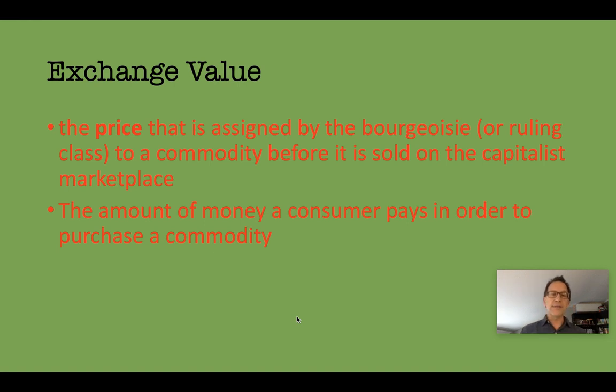Or alternatively, you could say it's the amount of money a consumer pays in order to purchase a commodity. So a consumer uses his or her hard-earned money to purchase or pay for a commodity. In exchange, that person gets a commodity, hence exchange value.